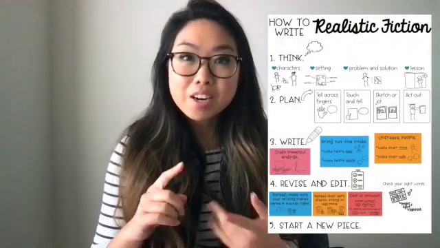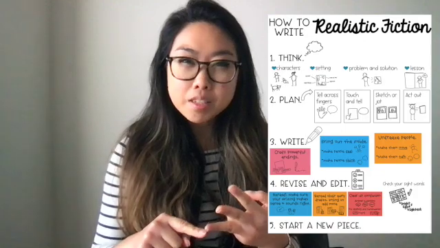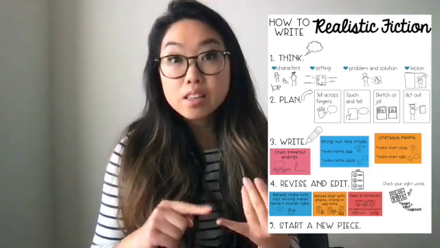When you pull out your how to write realistic fiction anchor chart, you'll notice that the first step is think. We want to think about our characters, our setting, and the problem and the solution that's going to happen in the story, and we want to learn a lesson from this story. So think about, what could you do to help yourself write this story? Who is going to be in your story?